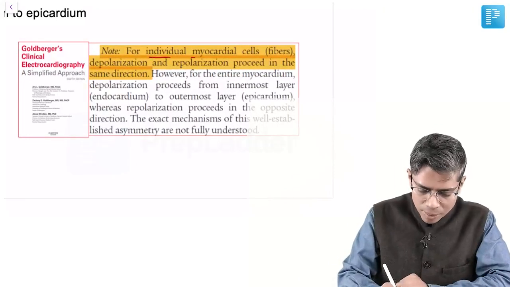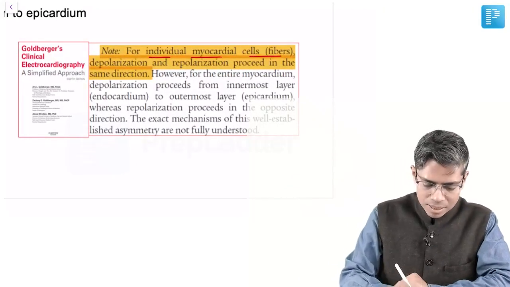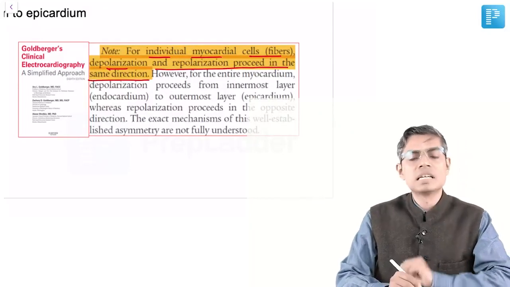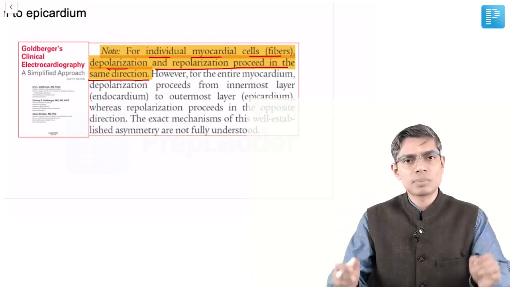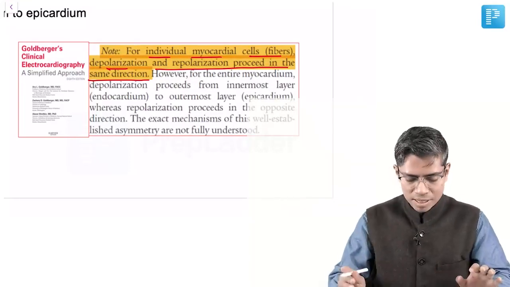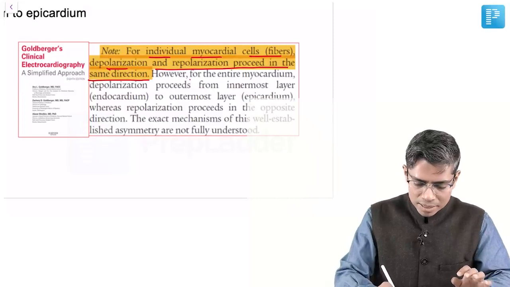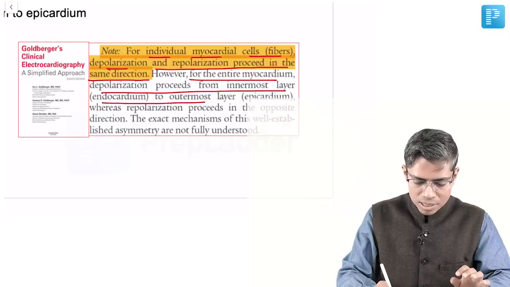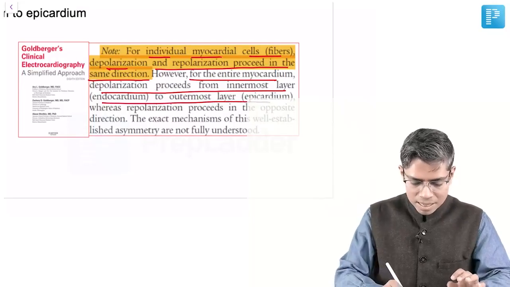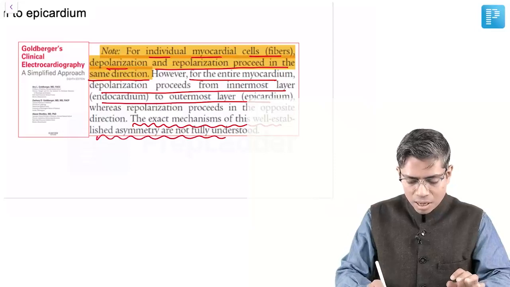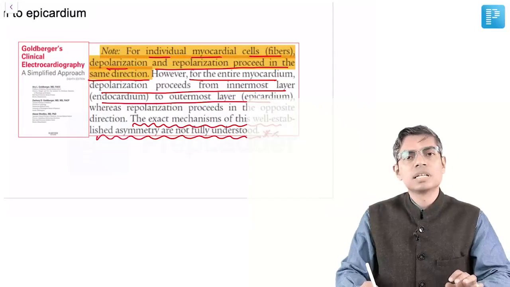For an individual myocardial cell, depolarization and repolarization proceed in the same direction. Individual myocardial cell means which you have separated from the body. However, for the entire myocardium, depolarization proceeds from the innermost, that is endocardium, to the epicardium. The exact mechanism for this well-established asymmetry is not fully understood yet.